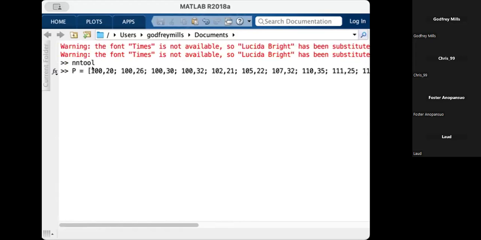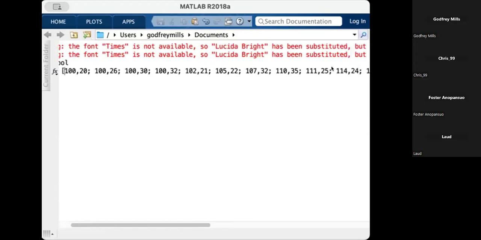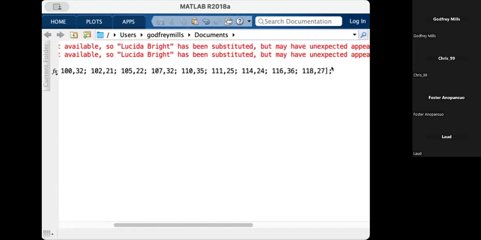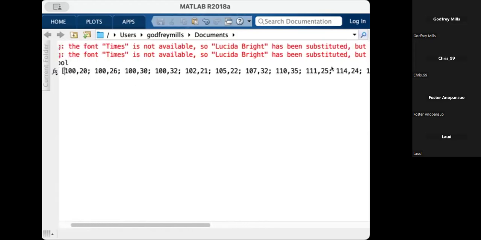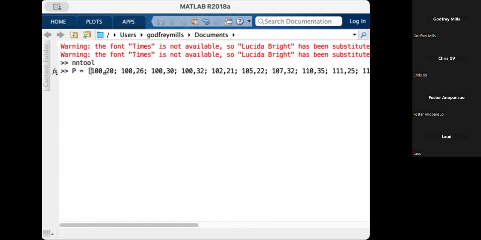I want to classify them, maybe into departments, or by gender, male or female.